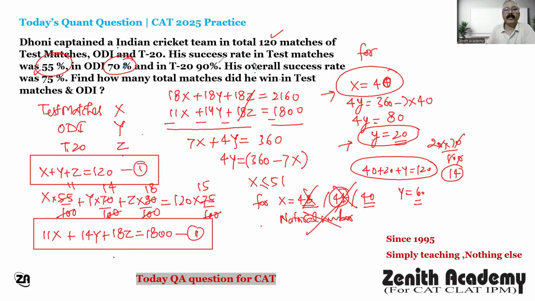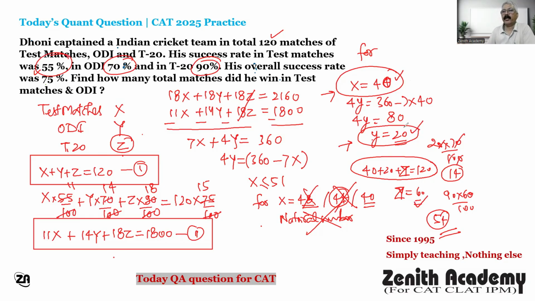So look here, T20 matches are z and the success rate is 90%. 90% of 60 is also a natural number, 54. So okay, it means this combination will work: x equal to 40, y equal to 20, and z equal to 60.